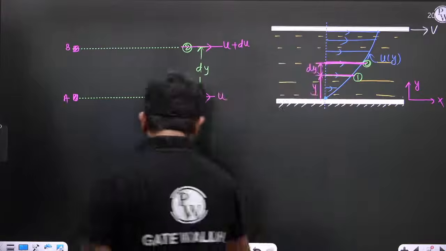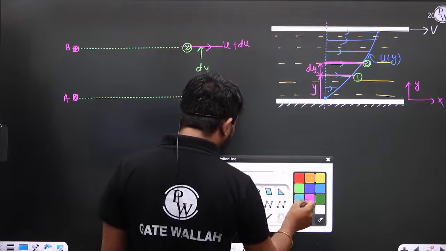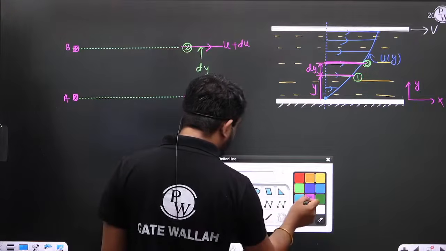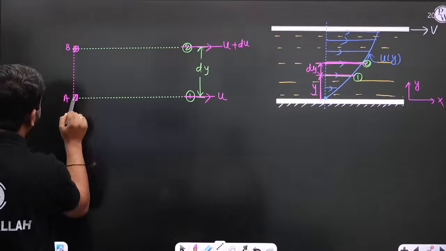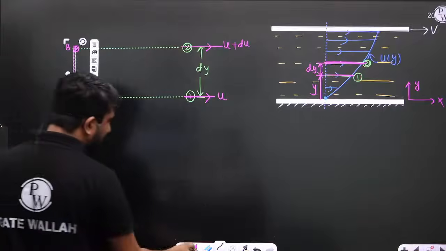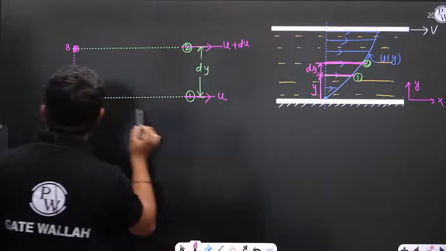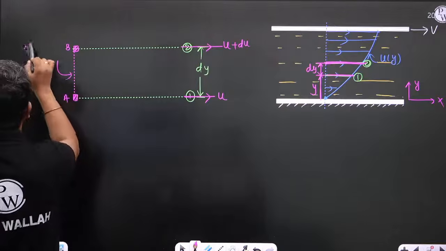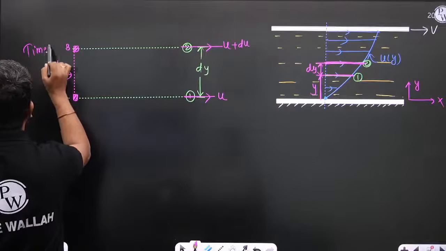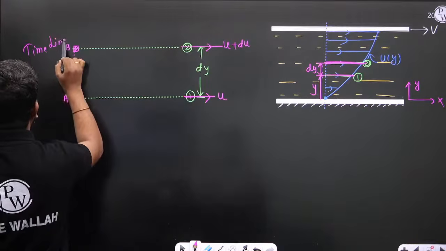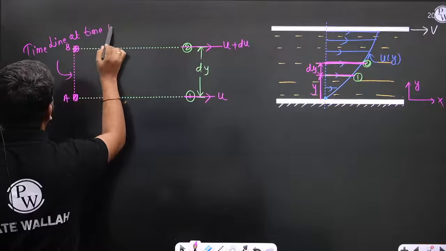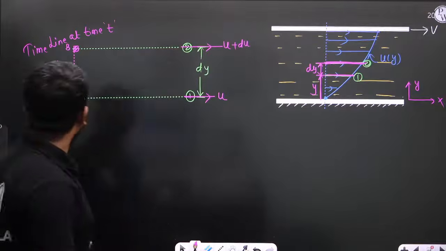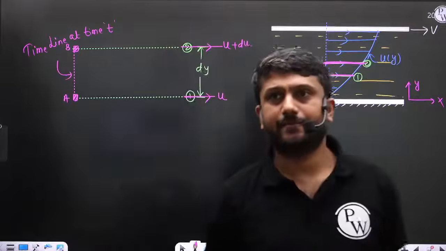Now if you join particle A and particle B, this is nothing but the timeline at time t.